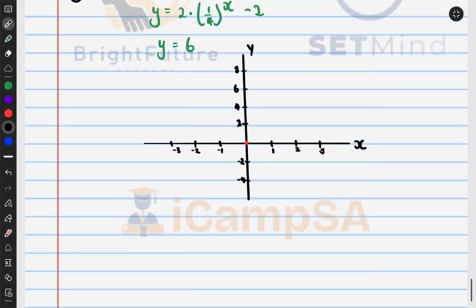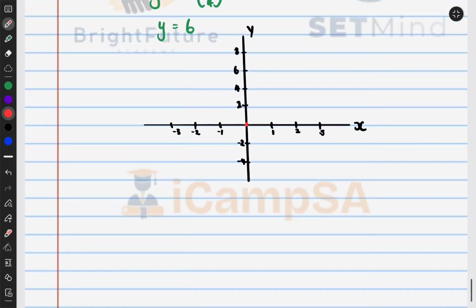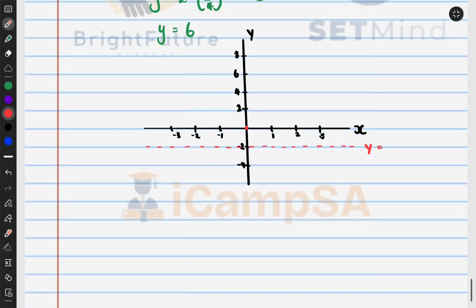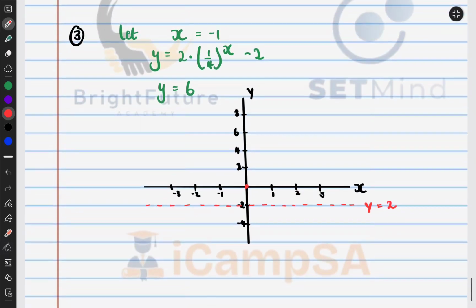Okay, so what is the asymptote? The asymptote is -2. So let's draw the line of the asymptote. Our graph will not go below this line of y is equal to -2. That's the horizontal asymptote.